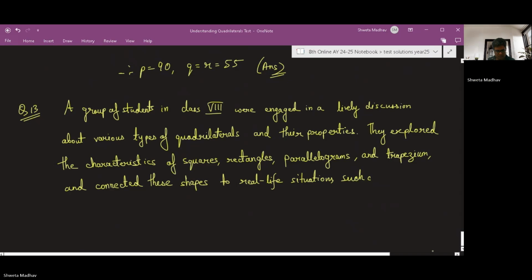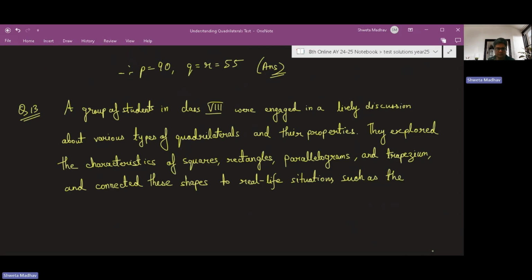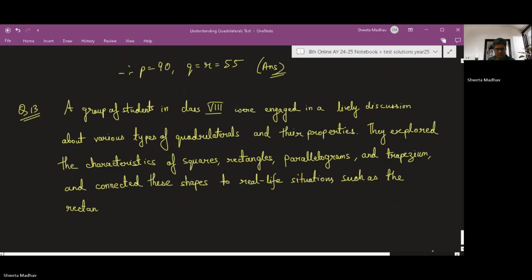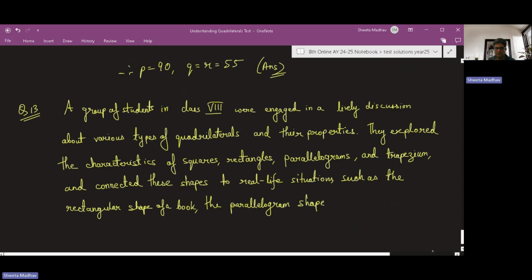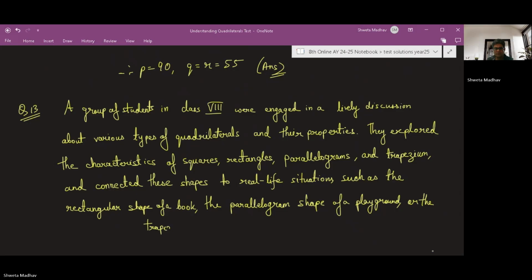Such as the rectangular shape of a book, the parallelogram shape of a playground, or the trapezoidal design of a bridge.